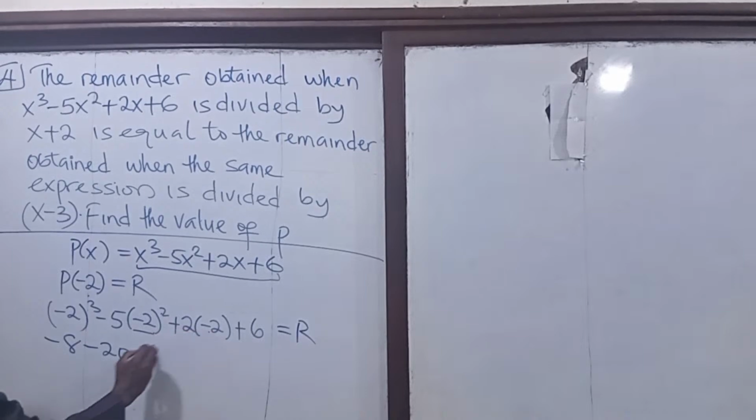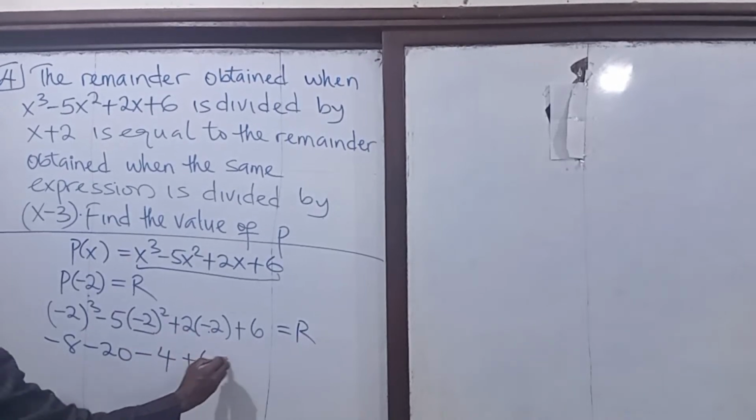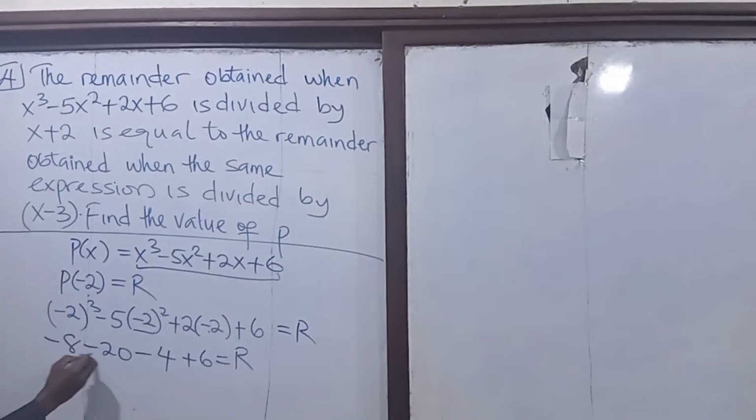Plus 2 times minus 2, that's minus 4. Plus 6 equal to r. So we're going to have minus 8 minus 20, that's minus 28, minus 4, minus 32, plus 6 equal to r. And that will give us minus 26 equal to r.